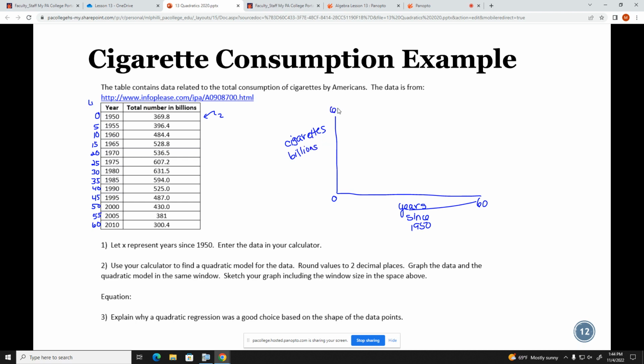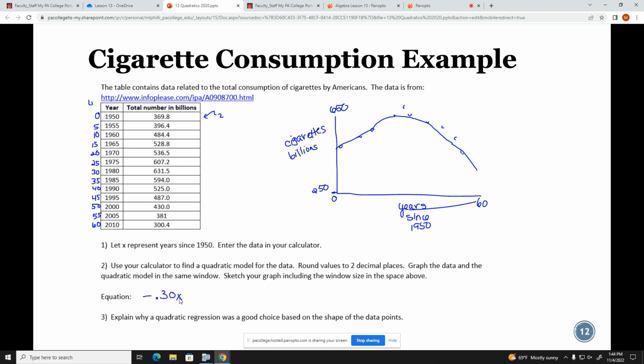We went up to 650. We started down here though at 250. We did not start at the origin. So we had data points, and we had a parabola line. Kind of missed some of those top points. Something of that nature. It asks me to write my equation here.